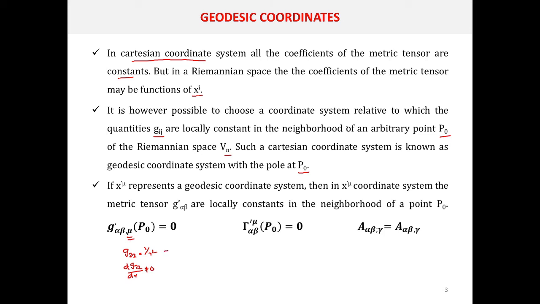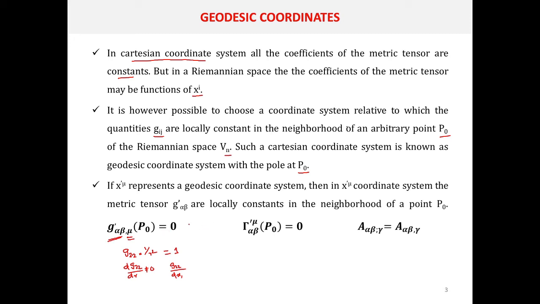But if this value was a constant like 1, then if you take the derivative with respect to any coordinate, x or y or z, it will be 0. So in geodesic coordinates, since the coefficients of the metric tensor are constant, when you take the derivative of the metric tensor with respect to any coordinate, you will get 0.